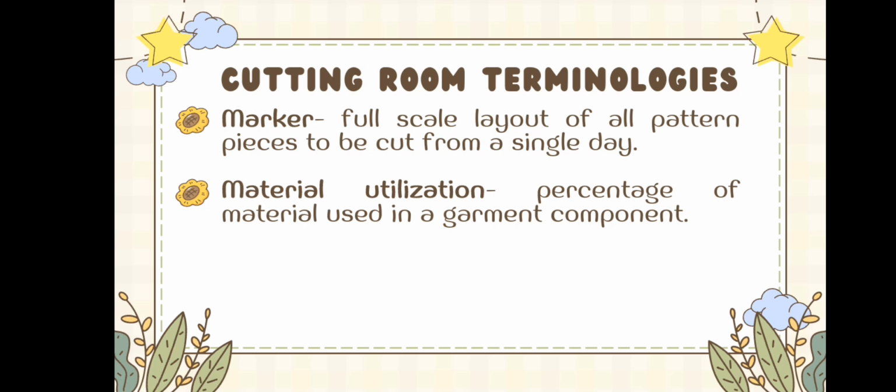This is a percentage of materials used in a garment component. So they will also calculate how many percent they have used in one garment component, so that they will be able to determine how much they are going to use.